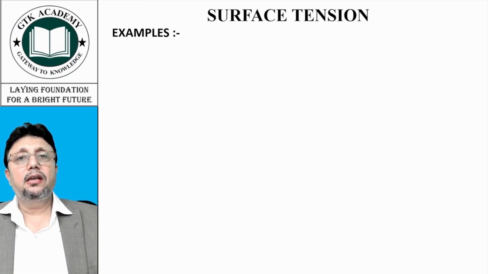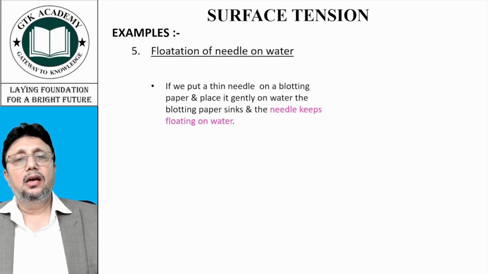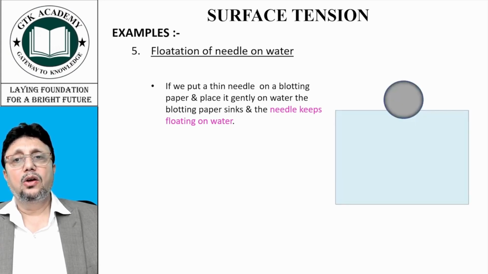Now let's understand how a needle floats on the water surface. Now if we put a thin needle, what you have seen, on a blotting paper and keep it gently, it starts floating. So let's analyze how it happens. So this is the needle and the water surface supports it.